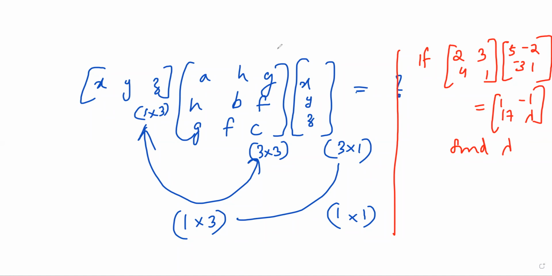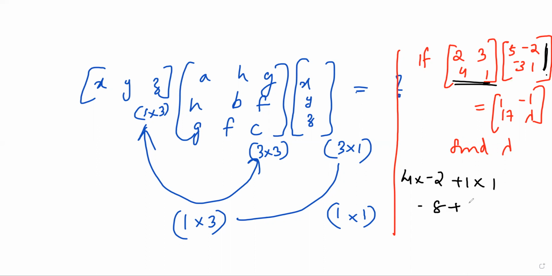Or find lambda. Okay. So for doing this, don't try to multiply the entire matrix. You can just multiply the second row and second column, then you will get the last element. So what do you get? 4 into minus 2 plus 1 into 1, isn't it?